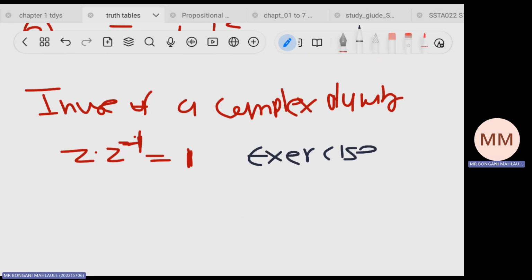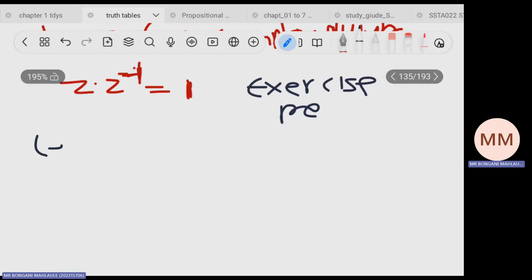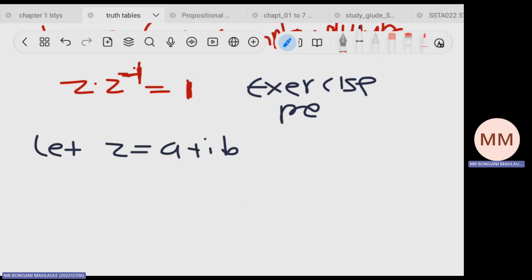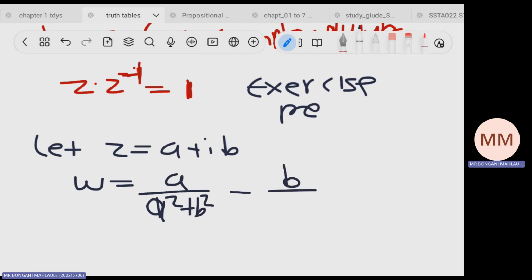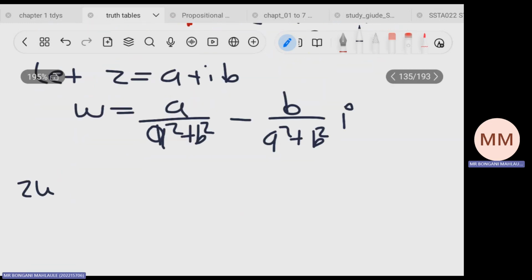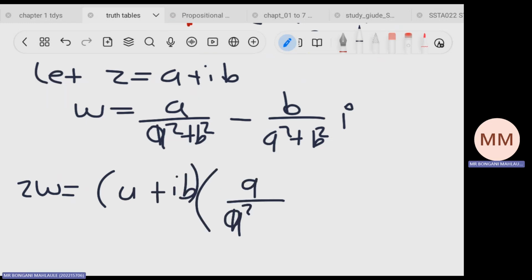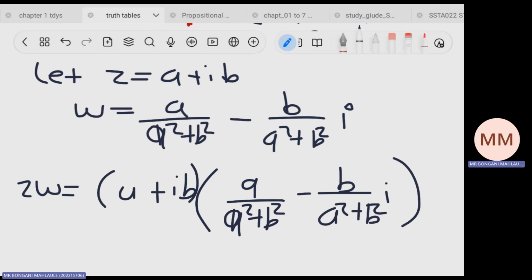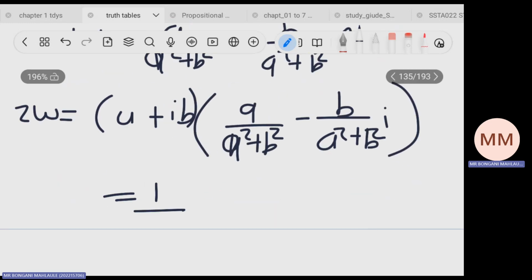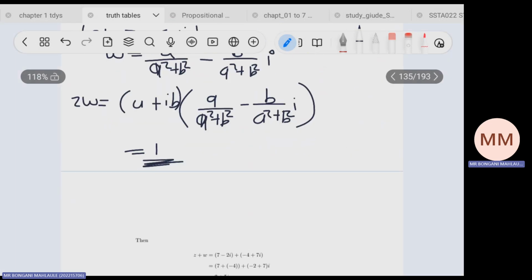So this is an exercise, you'll prove it. You're going to say let z equal to a plus ib, and then w, you let it be a over a squared plus b squared minus b over a squared plus b squared i. Then you'll perform zw. Then you must get 1. So I'll leave it for you guys to try.